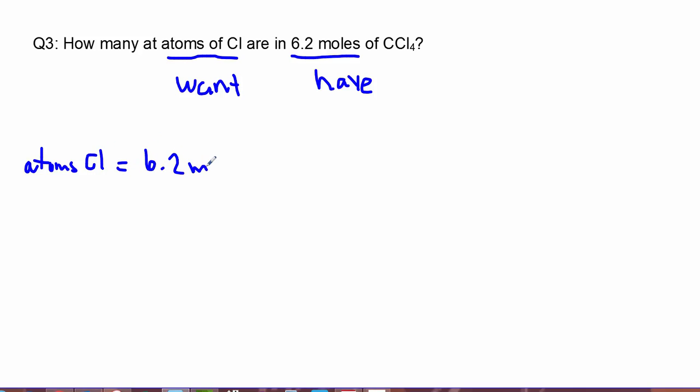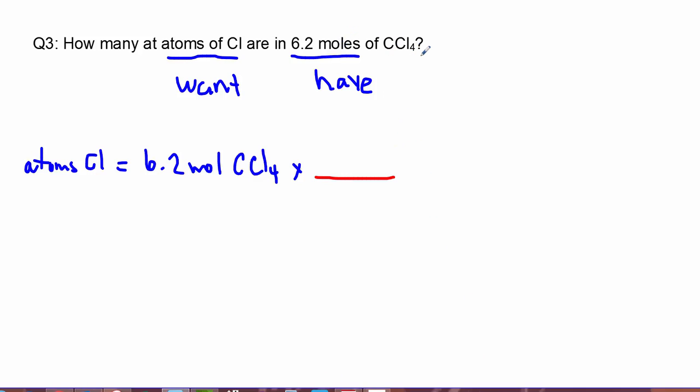And we're going to multiply that by what we know. And here we might have to have more than one conversion factor. So if we think about this for a minute, we are able to convert from moles to molecules of CCl4 but there will be an extra step in order to get to the number of atoms of chlorine.